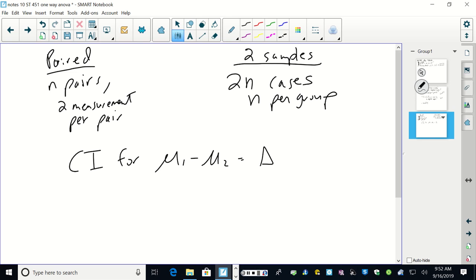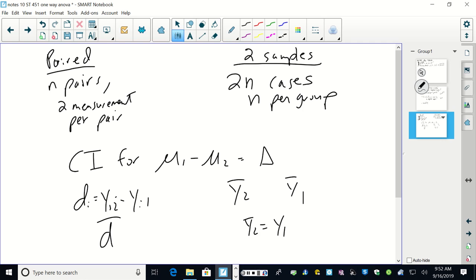In this case, for the pairs, we're going to take the difference between two measurements and then report d bar. And over here, we're going to have y bar 2 and y bar 1 for the two independent groups, and then look at the difference between these two things.